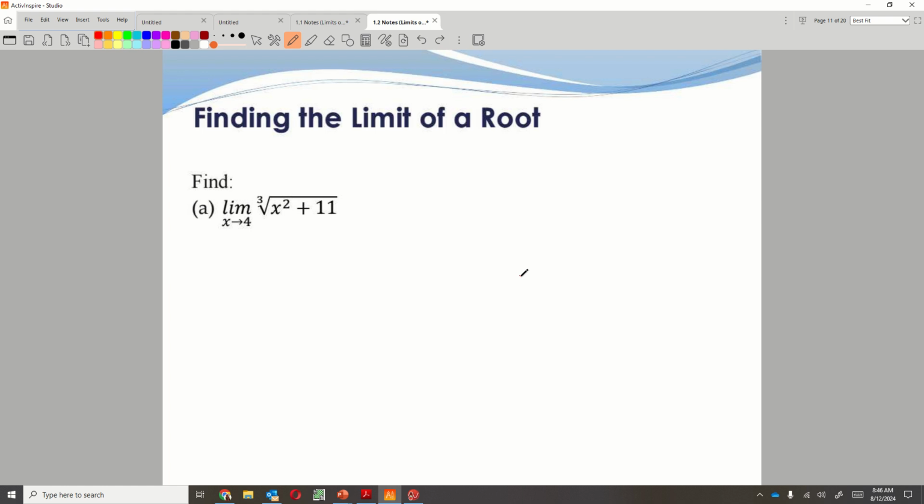So 4 squared is 16. 16 plus 11 is 27. The cube root of 27 is 3. There we go. Good job.